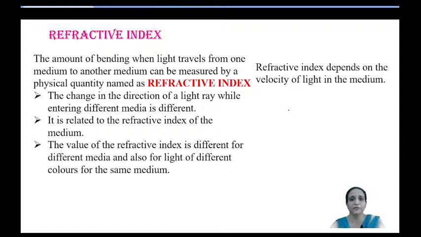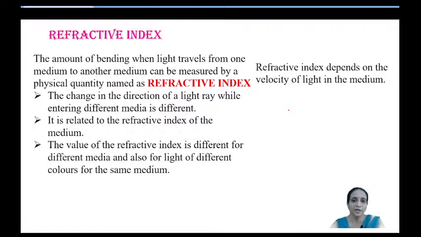When it is entering from air to glass, the change in the direction will be different. When it is moving from glass to air, the change in the direction will be different. This change in the direction of light is related to the refractive index of the medium.